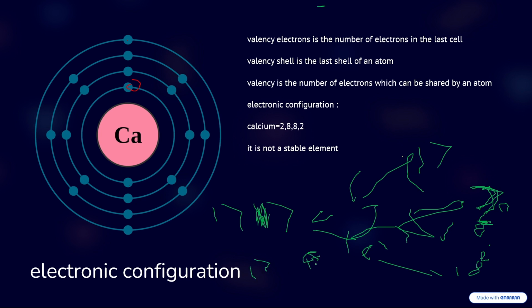Now there are 17 protons and 18 electrons, so negative charges are more here. There are 17 positive charges and 18 negative charges, so one negative charge is more here. So chlorine becomes Cl1-. You can also write it as Cl-.